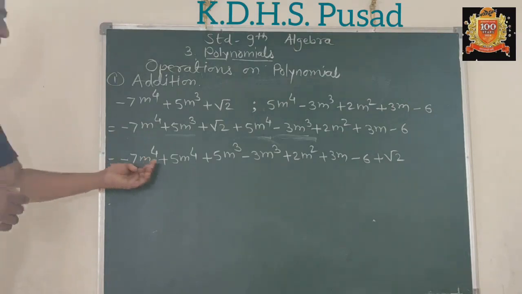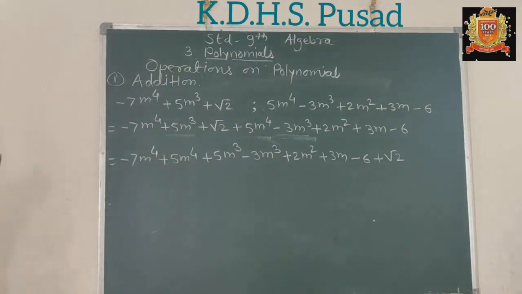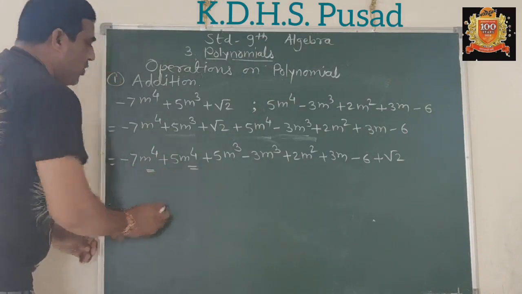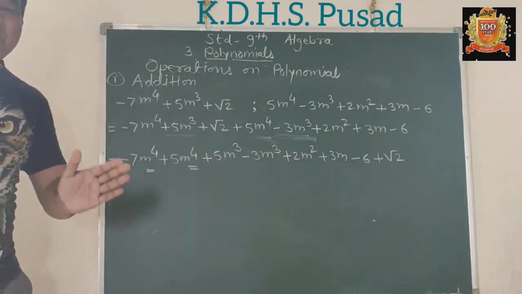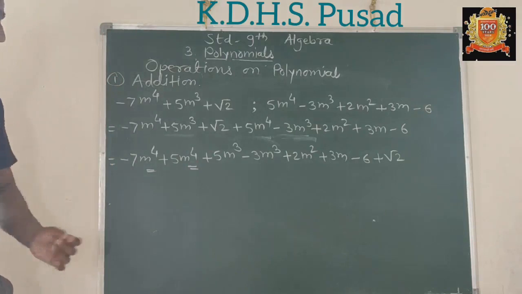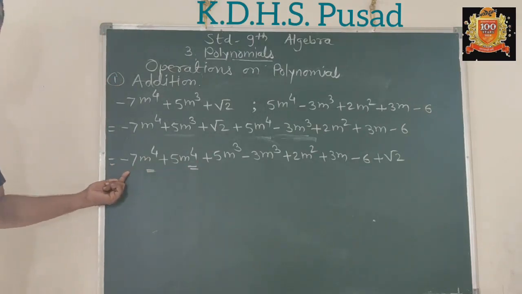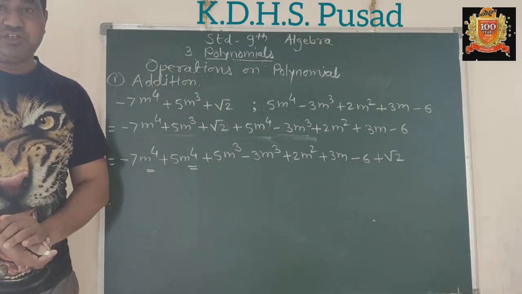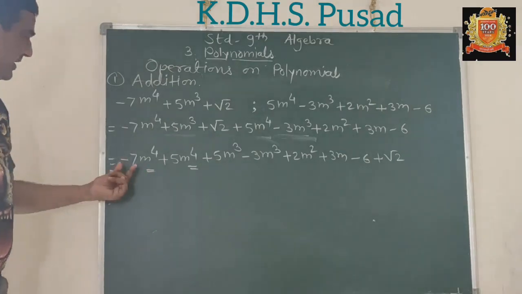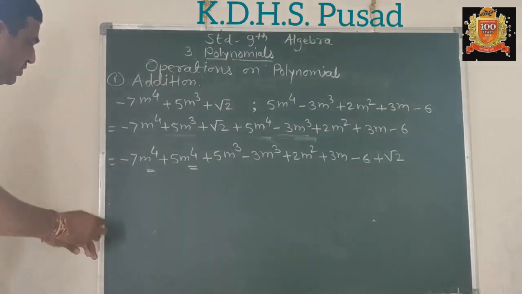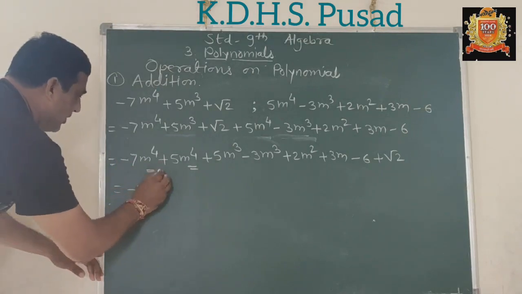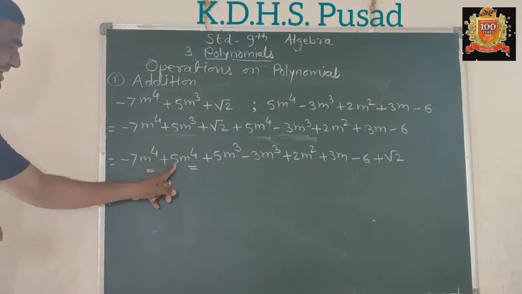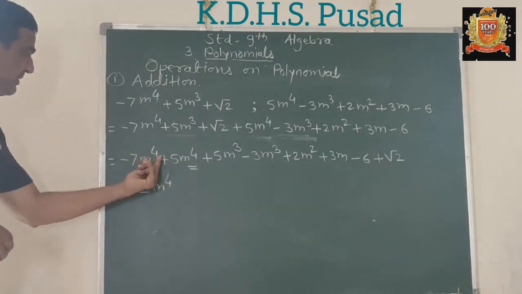Now if you can perform directly, okay, no problem. And if these terms are similar, you can perform addition or subtraction of their coefficient only. So here is minus 7 plus 5, so there remains minus 2 and m to the power 4 as it is.